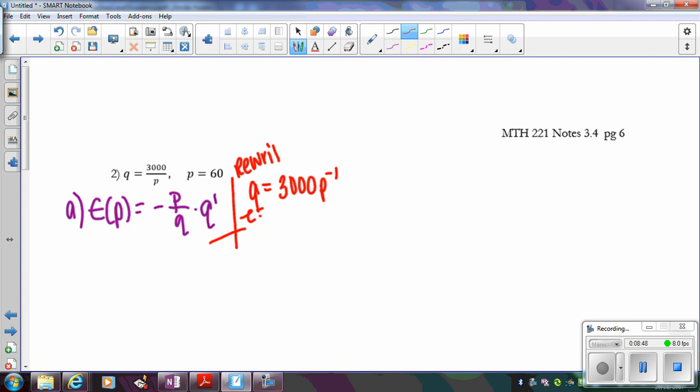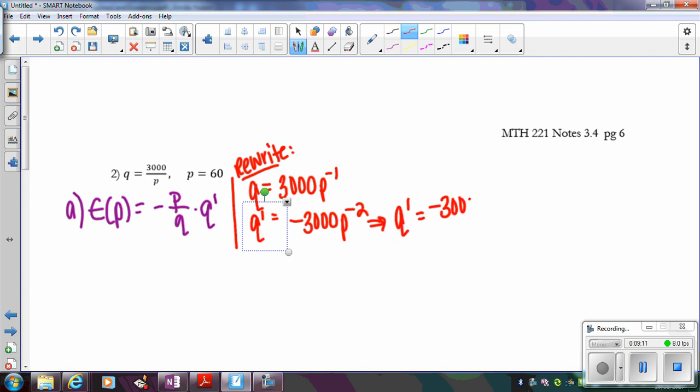And then from there, I'm going to find my derivative. So negative 1 times 3,000, so negative 3,000 P, subtract 1, so I get negative 2. And then I'm just going to rewrite this so that it's not using a negative exponent. So my derivative is going to be negative 3,000 over P squared.